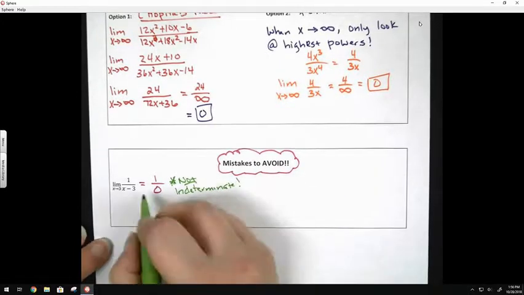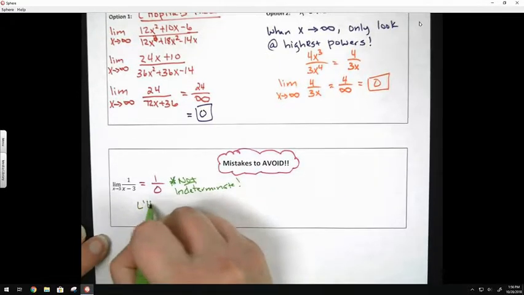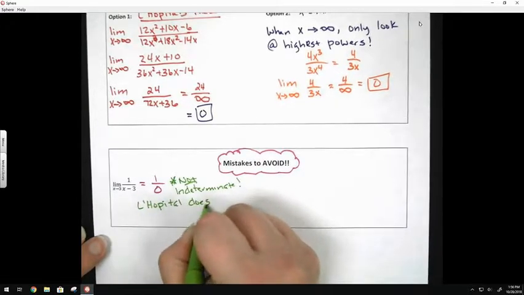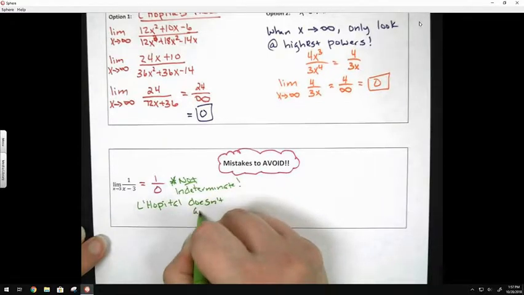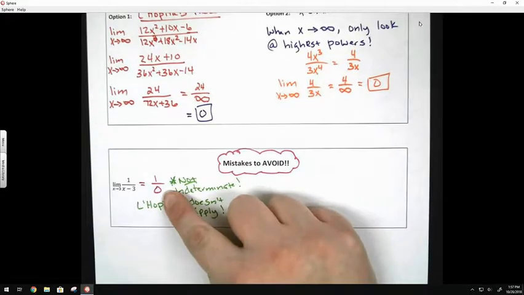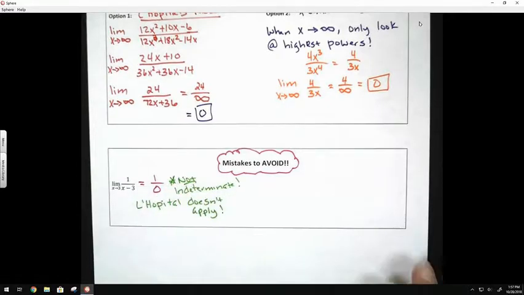And so L'Hopital's rule doesn't apply. Remember, in order to apply L'Hopital's rule, it has to be 0 over 0 or infinity over infinity. 1 over 0 just means it doesn't exist. Doesn't mean that it's indeterminate form.